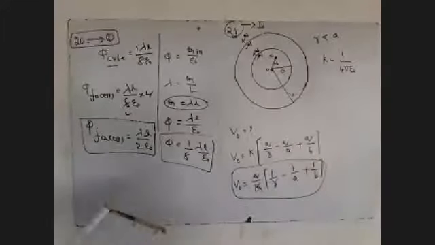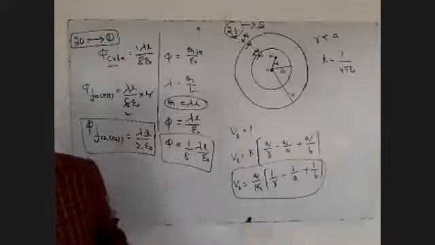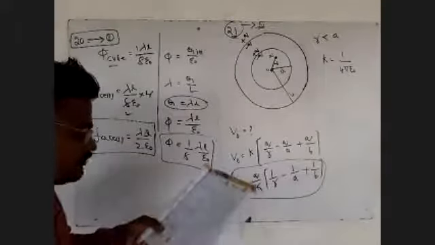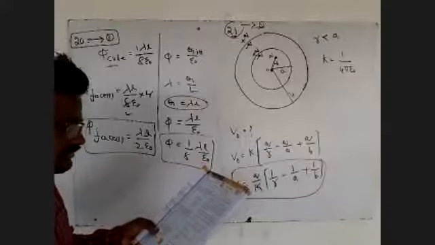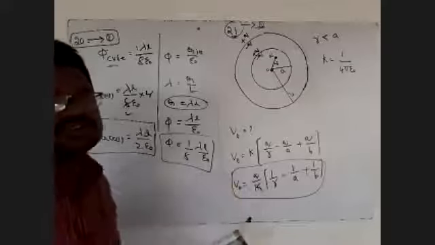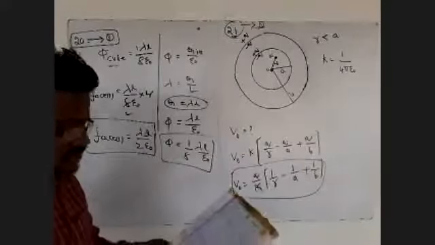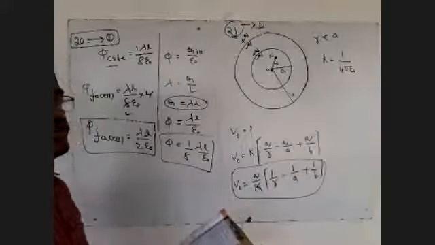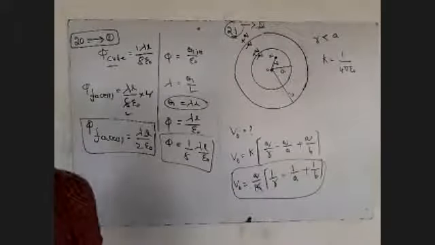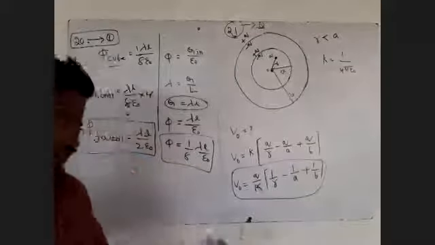Question number 22: one-fourth of the sphere of radius R is removed as shown in the figure. The figure is not given, so we are not solving this question. Question number 22 has insufficient data, and we are not going to solve that problem.